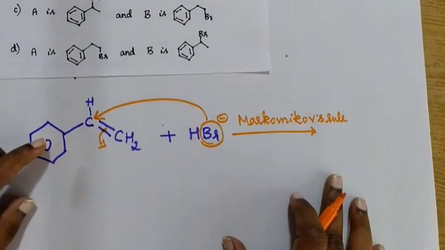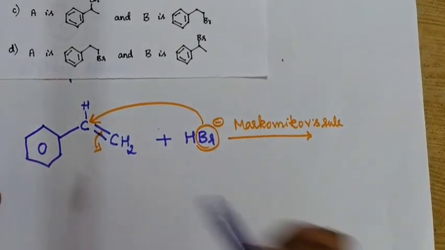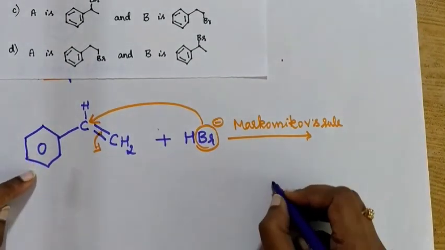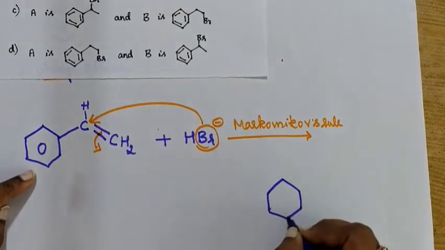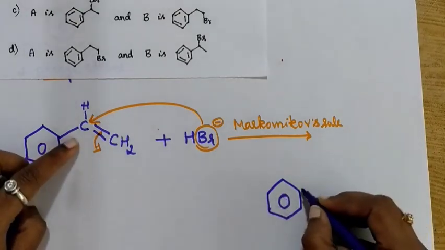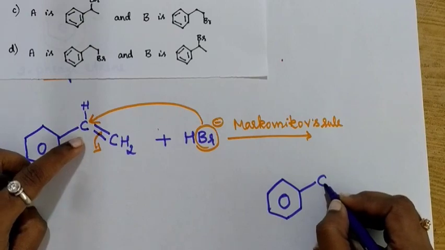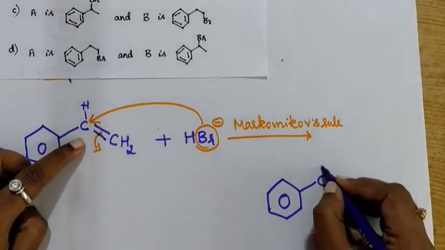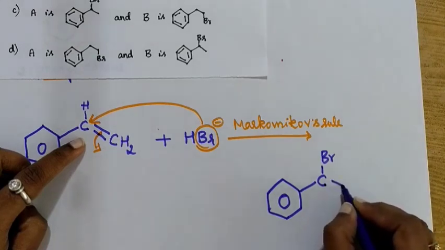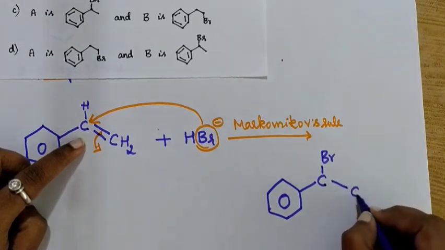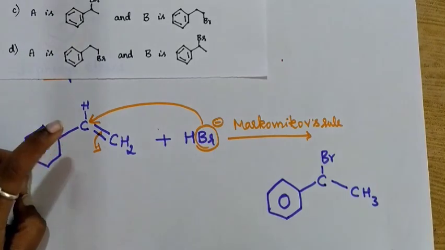Now let us write the product which we got here. It can be like the benzene ring as it is, without affecting it. The carbon atom is bonded with bromine, the double bond is broken, and here CH3. Correct?